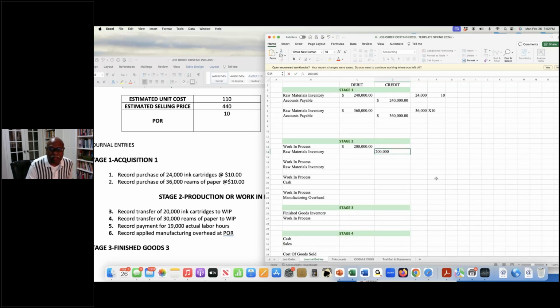Hopefully everybody says just 200 times 10. And for the paper? 300,000, 30,000 times 10. So we're in stage two and we're debiting work in process each time.